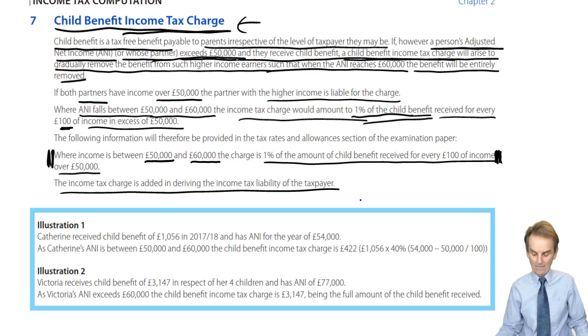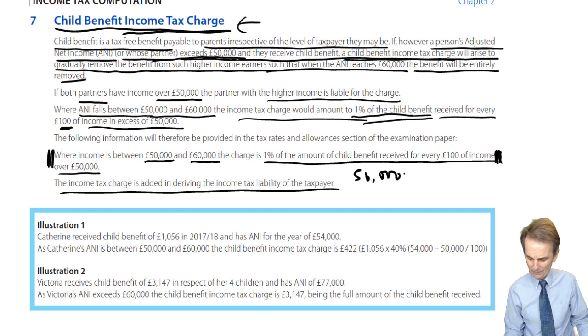So let's assume that we've done our calculation of adjusted net income, taking net income less the gross amounts of gift aid, less the gross amounts of personal pension contributions, and we've discovered an adjusted net income of £56,000.